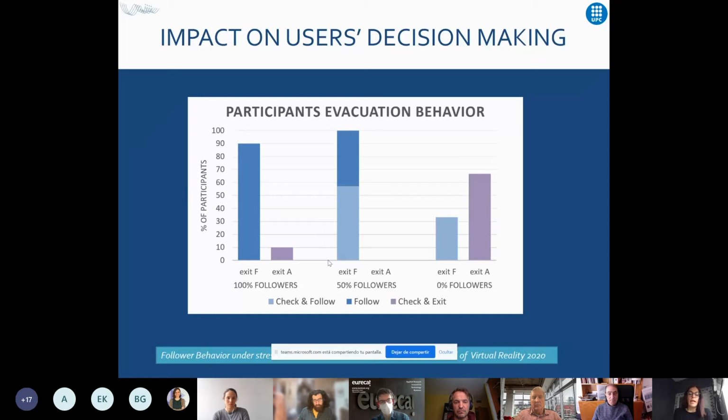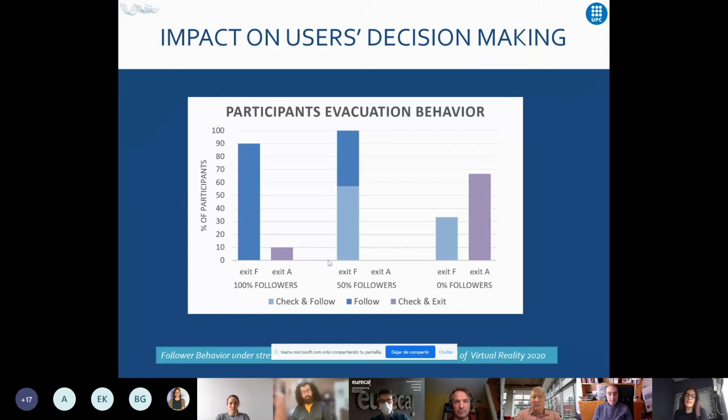In the center, we have the case where only half of the people started running. And this is interesting because even though we still got all participants following those that were running, we can see here in the bar two colors. The light color indicates the percentage of participants, more than 50% of them, who first walked towards the main entrance door, the one they knew because they had walked in through those doors.